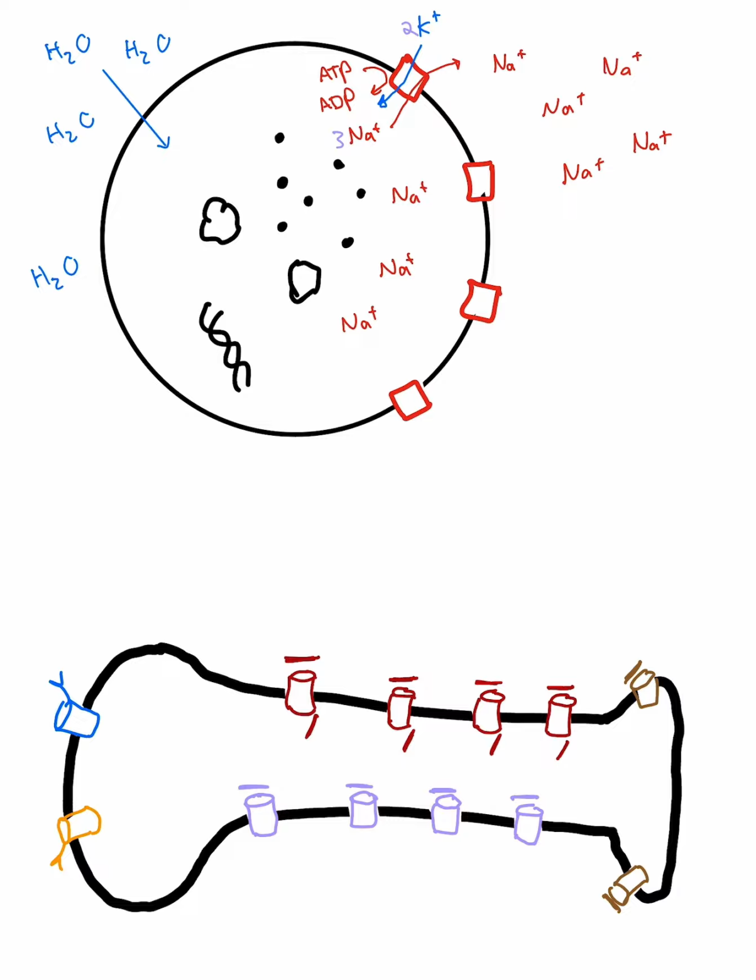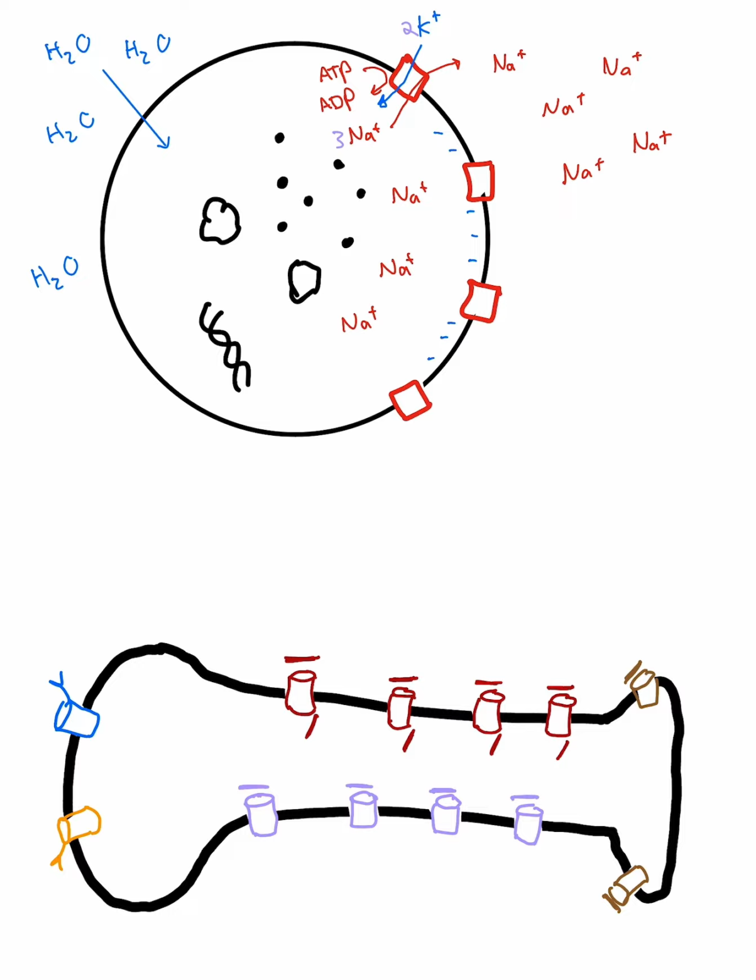So overall, I'm pumping more positive things out of the cell. So overall, the outside of the cell is starting to become more positive relative to the inside, which is becoming more negative. And this is important because it establishes what's called membrane potential, where the inside of the cell, right along the barrier of the membrane, becomes relatively negative.